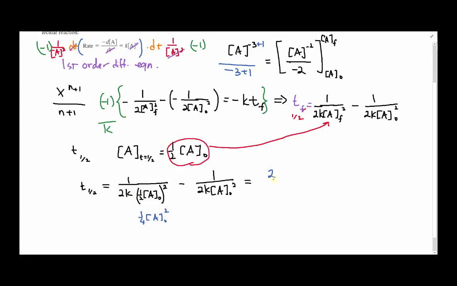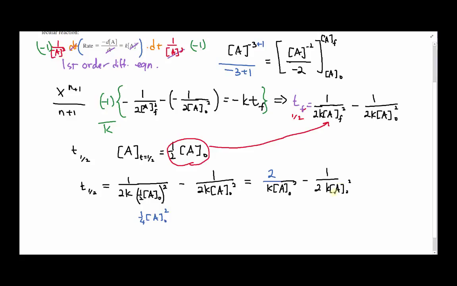So I have 2 over k times A naught squared, minus 1 over 2k A naught squared.